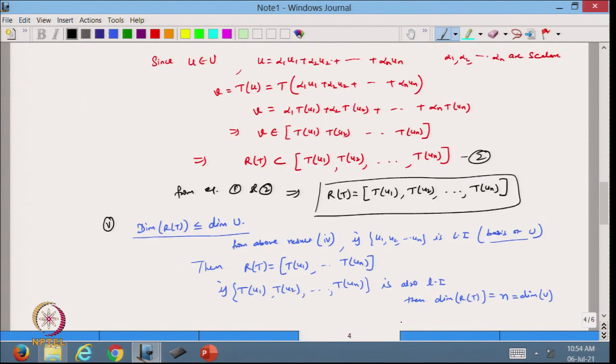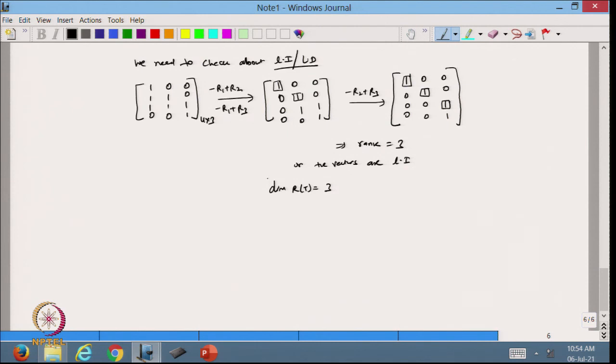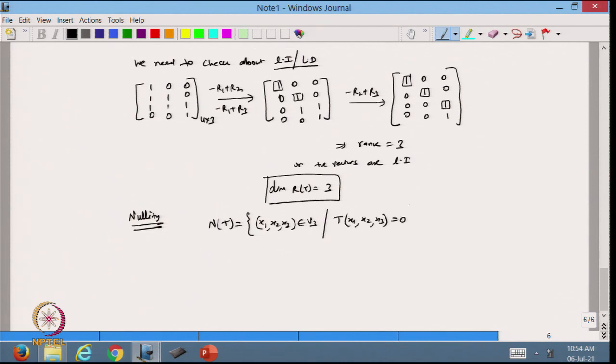Now, we have to discuss the null space, the nullity. The set N T is all the elements (x1, x2, x3) belonging to V3 such that T of (x1, x2, x3) is going to be 0.